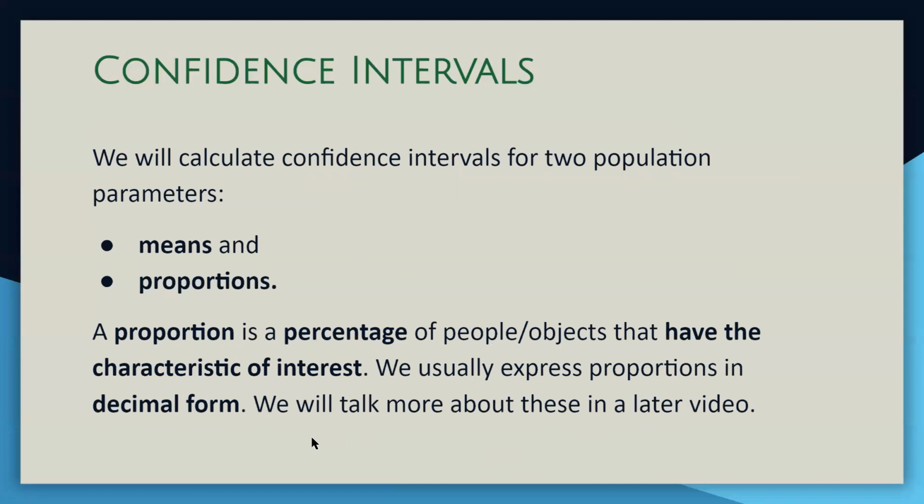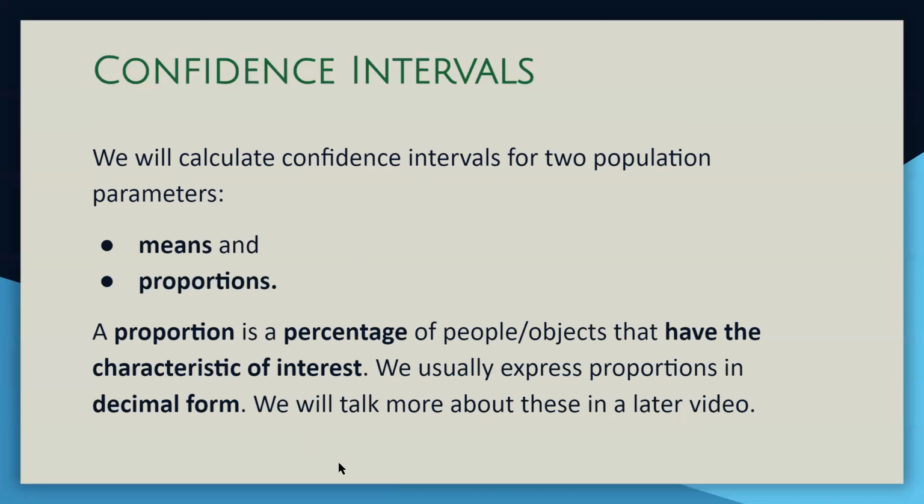Just kind of an overview of proportion. A proportion is a percentage of people or objects that have the characteristic that we are interested in studying. We usually express proportions in decimal form, and we will talk more about these when we get to confidence intervals for proportion, but we have seen these before.